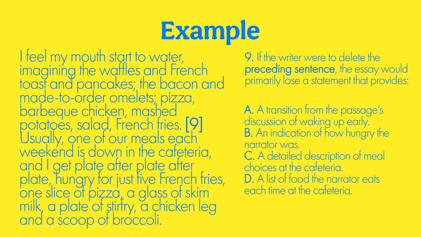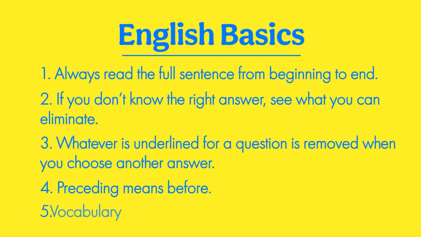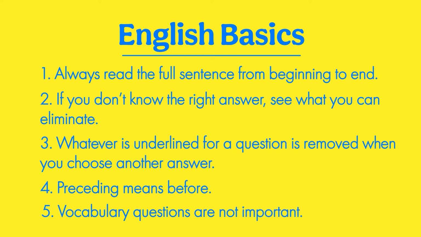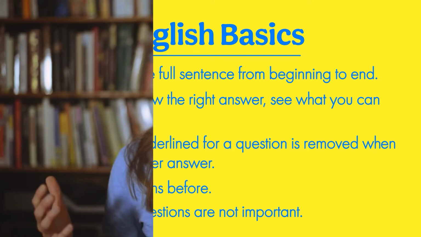Okay, and then the last one is about vocabulary questions. The thing to remember about vocabulary questions is that they don't matter. Vocab questions, there's only 5 of them that come up on the ACT test in English, and you have no idea. There's no way to prepare for them, right? You don't know what's going to come up. So they're not important.